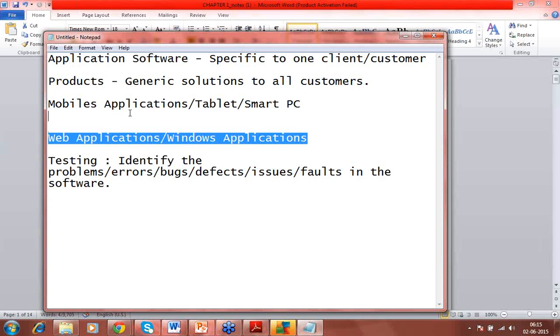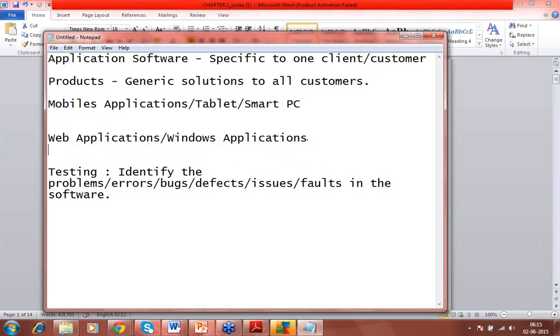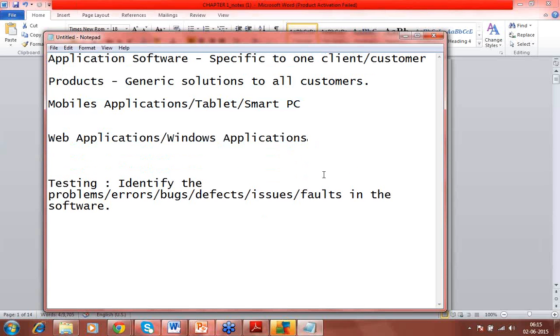What is software? These are the different forms of software we have discussed. Now identifying the problems is the job of, yeah, mistakes. Somebody says mistakes. Just keep throwing them, then we'll be able to differentiate what they are. So that is the main purpose of a software testing professional's job, right?